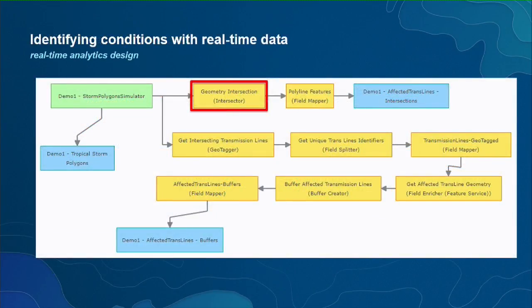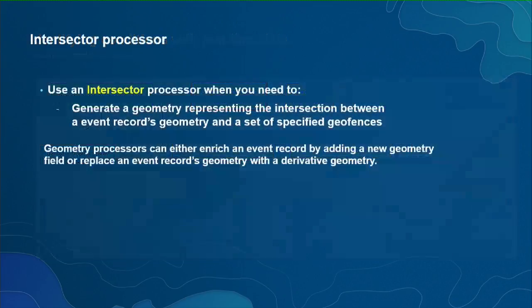The Intersector processor is another out-of-the-box processor that GeoEvent offers that clips or does the geometry extraction based on an intersection. So you use that to generate a geometry that represents the intersection between an event record's geometry and a specified set of geofences.